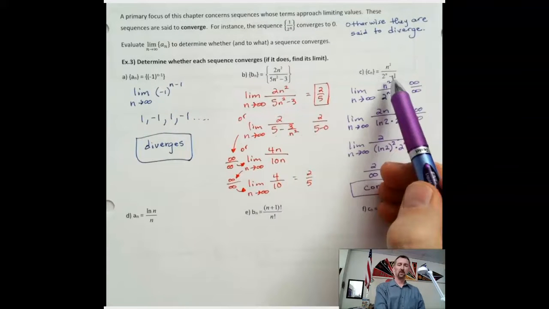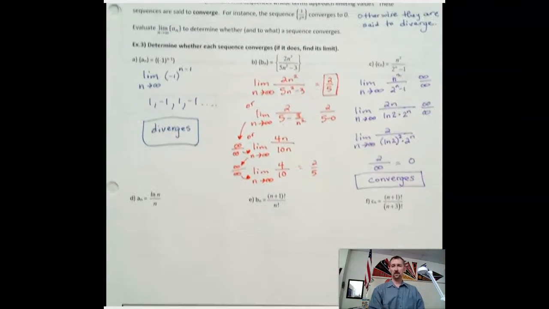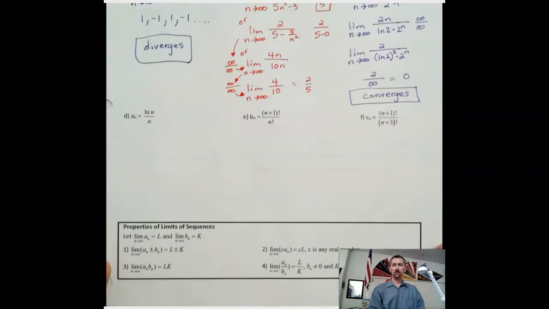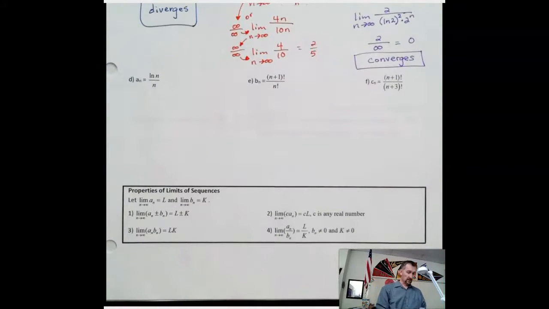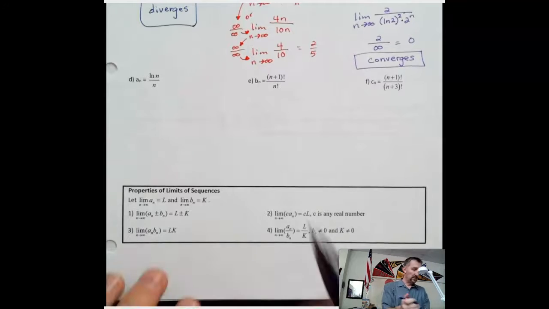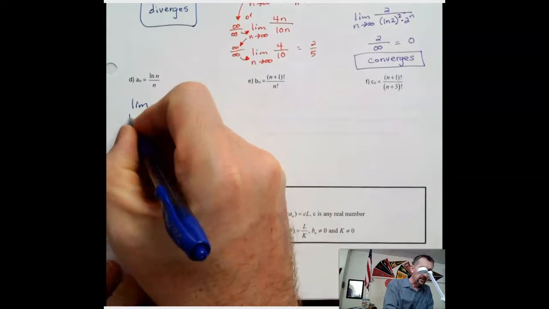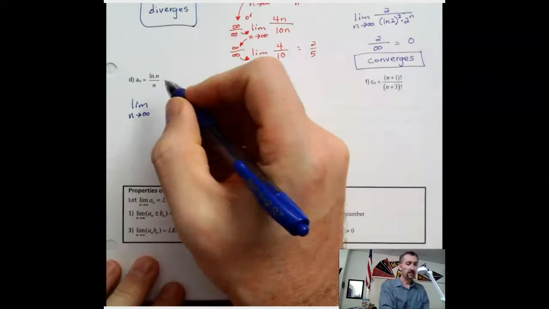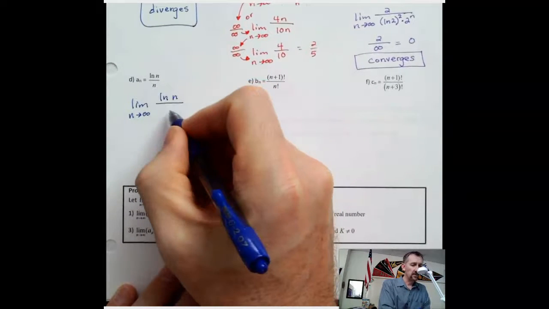So this gets smaller and smaller until it's pretty close to 0. Okay? Alright, so the limit as n approaches infinity of ln of n over n.